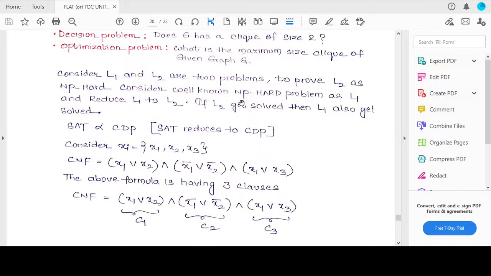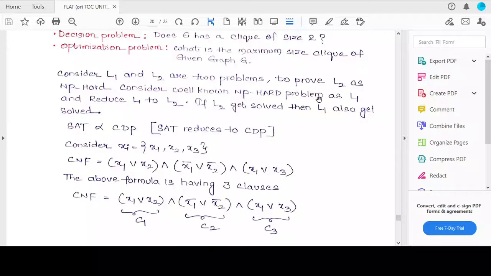Okay. See here, consider L1 and L2 are two problems. To prove L2 as NP hard, consider a well-known NP hard problem as L1 and reduce L1 to L2. Already I mentioned that we have to consider L1 as a well-known NP hard problem, and we have to reduce that L1 to L2.